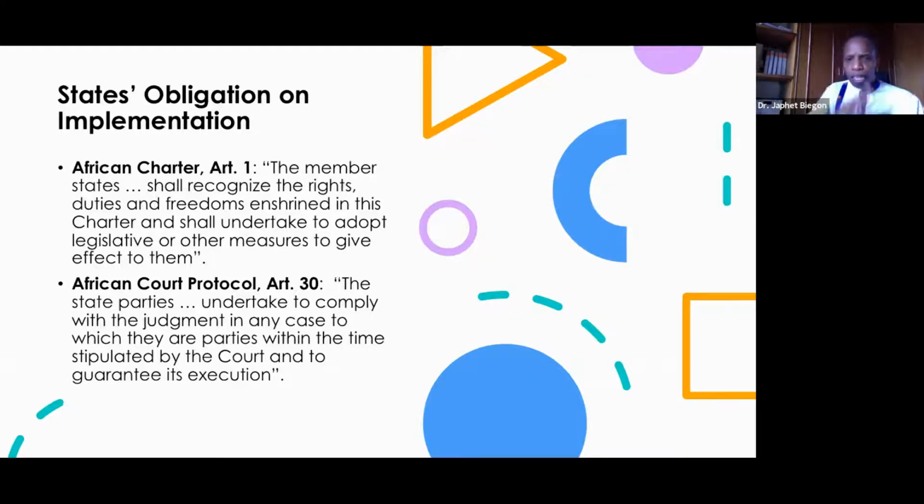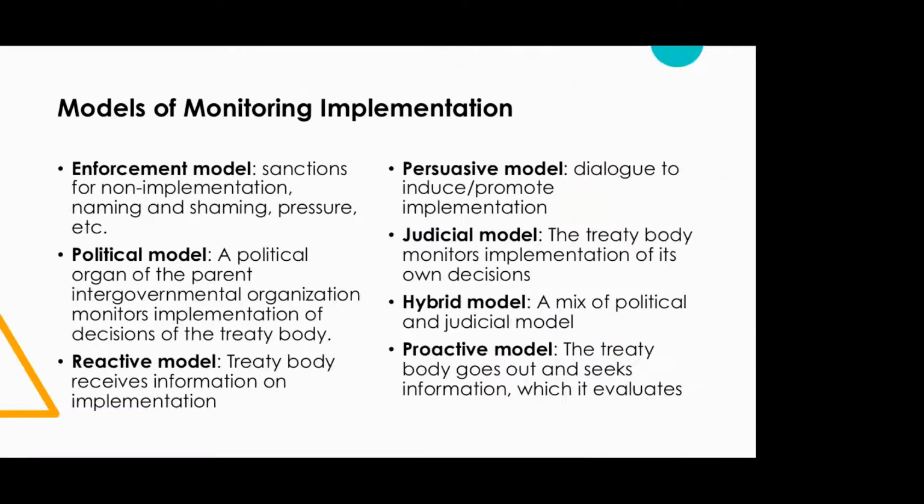So I thought, as a background to our discussion, just to keep that in perspective, that states are duty bound to implement the decisions of both the court and the commission. Let's now move into the possible models.